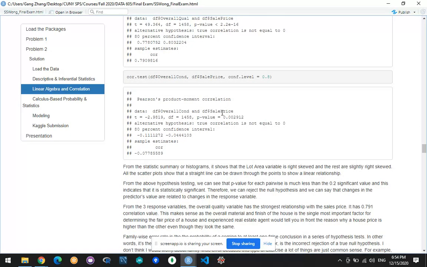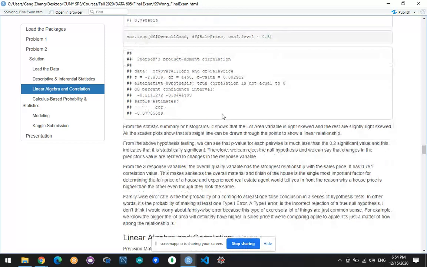Regarding the family-wise error rate, it is the probability of coming to at least one false conclusion in a series of hypothesis tests. In other words, this is the probability of making at least one type 1 error. A type 1 error is the incorrect rejection of a true null hypothesis. I don't think I would worry about family-wise error because in this type of exercise a lot of things are just common sense.